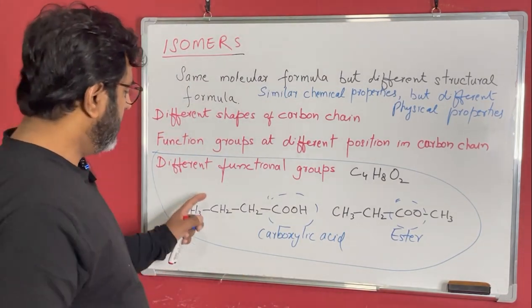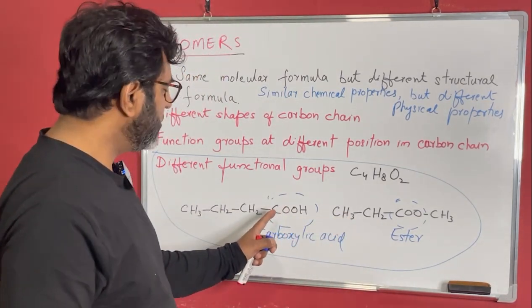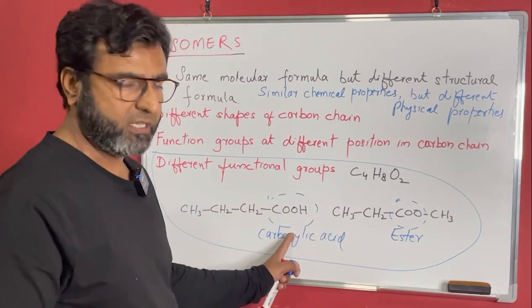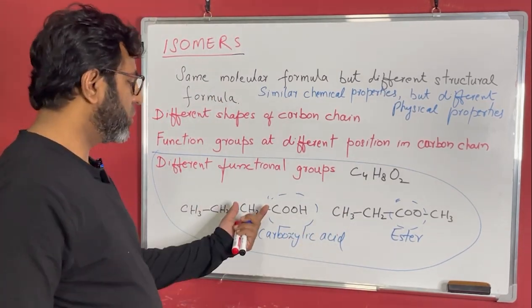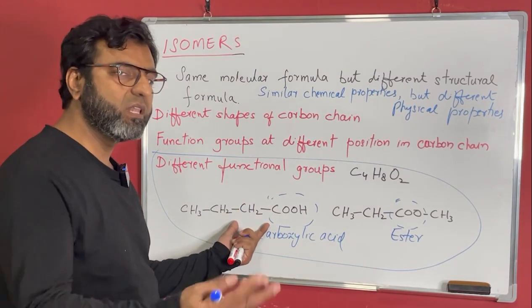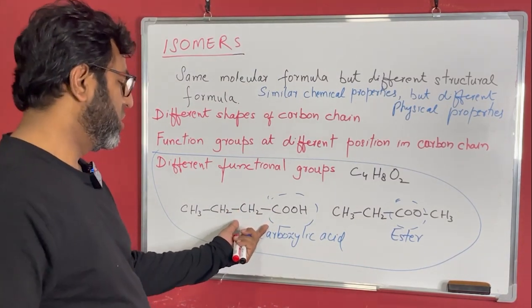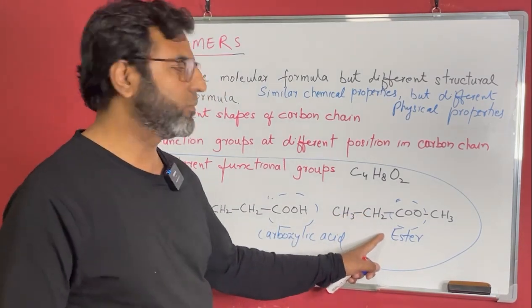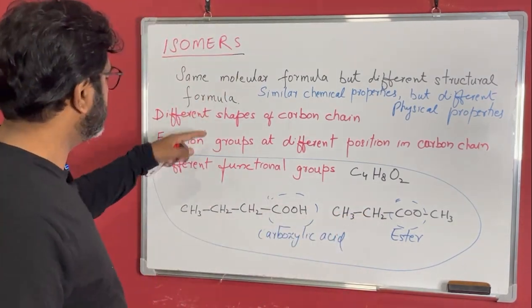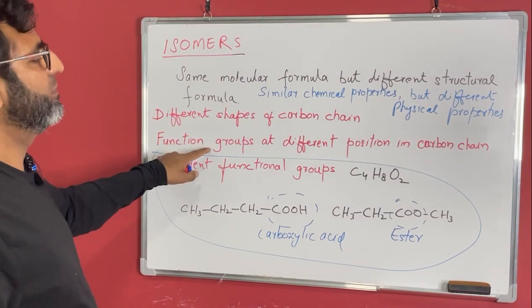Why? Here the functional groups are themselves different. By the definition of functional group, it's a group of atoms having similar or the same chemical properties. So definitely if this is a different functional group, it should have different chemical properties. But in the first two cases, the functional group remains the same.